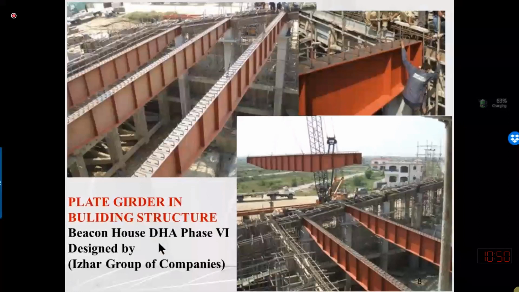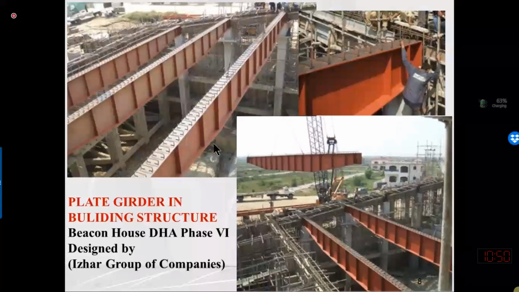So here, why are they using the plate girder? Because in the Assembly Hall, they need a larger span without any support. So they want to attain the longest span without any interior column. So in that case, they have to opt for this option, the plate girder.